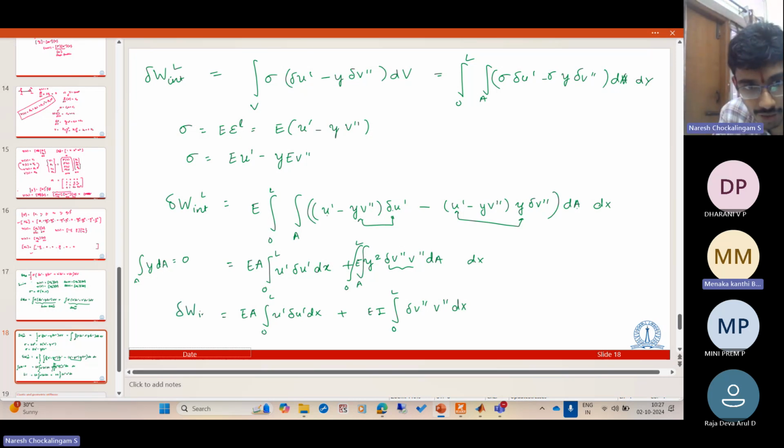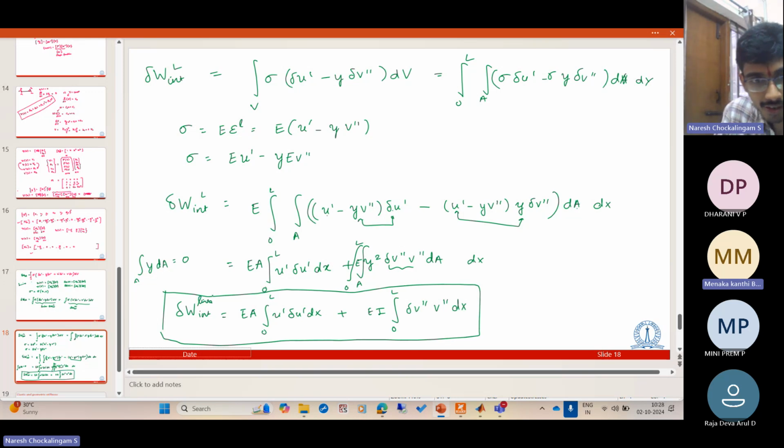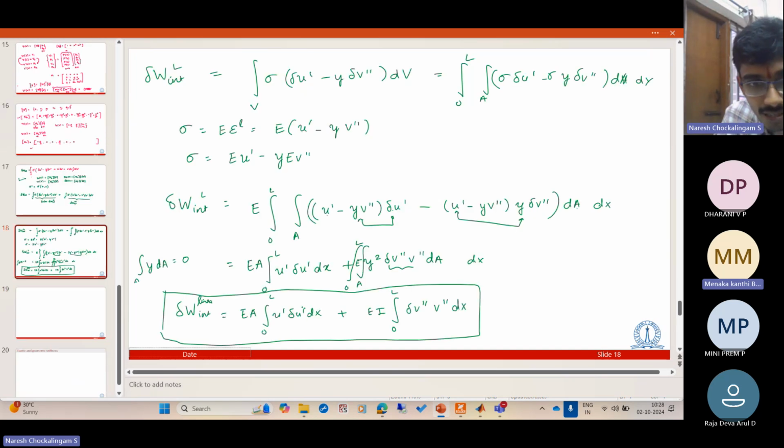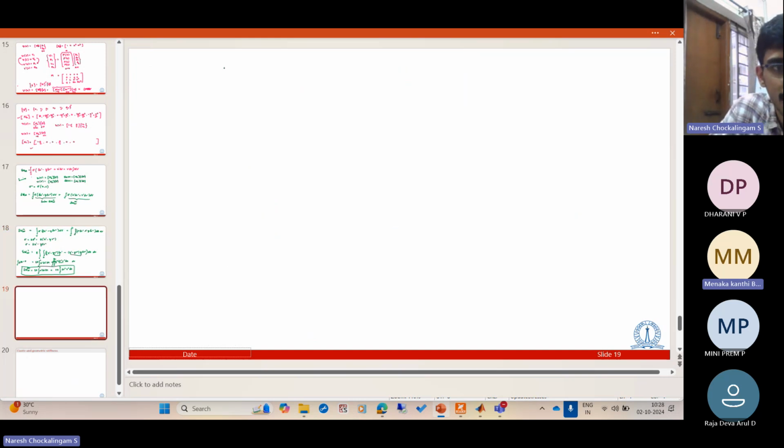This is del W internal. Okay, so this is del W internal linear. So we are almost done. So let us now use the expressions for del u dash and u dash. So u dash is n axial dash times d, and del u dash is n axial dash times del d.